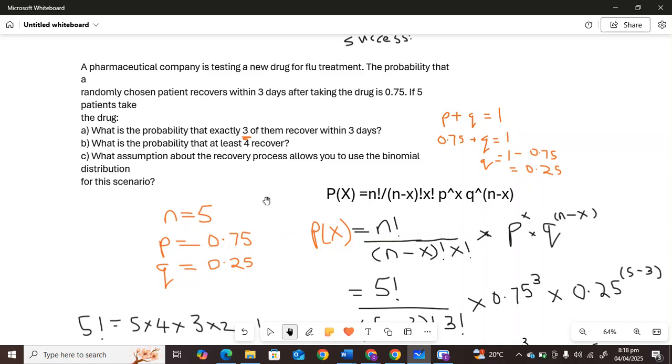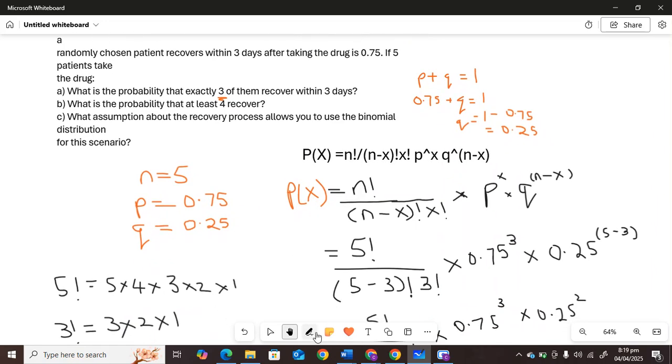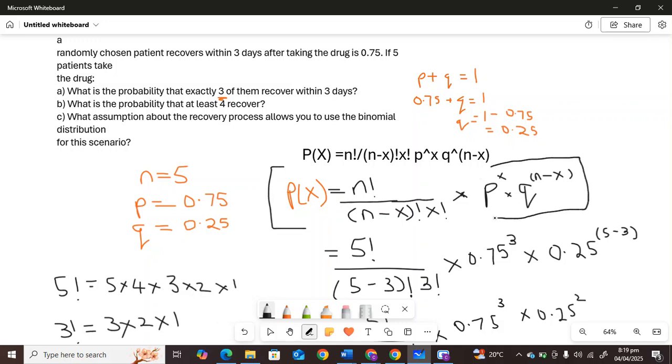Okay, so this question is dealing with the binomial distribution, and this is the formula here for the binomial distribution. You don't need to memorize it, but you need to understand what each element means.